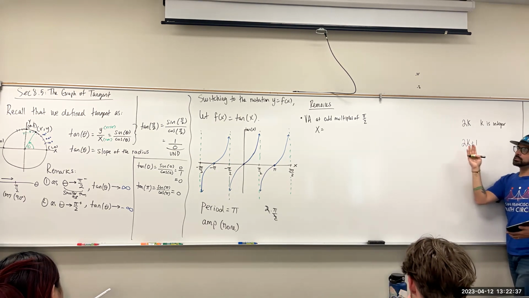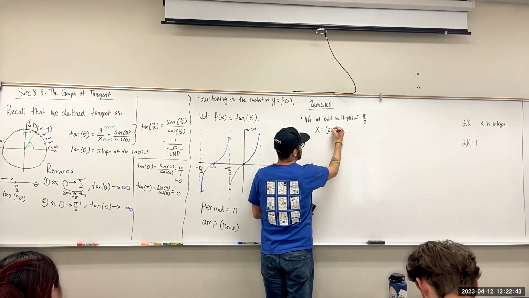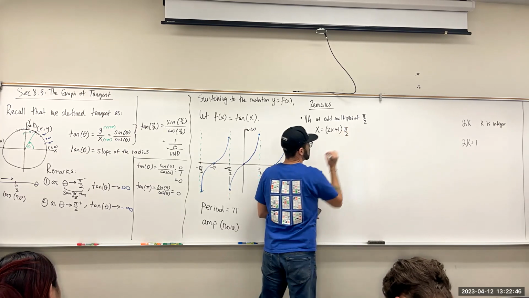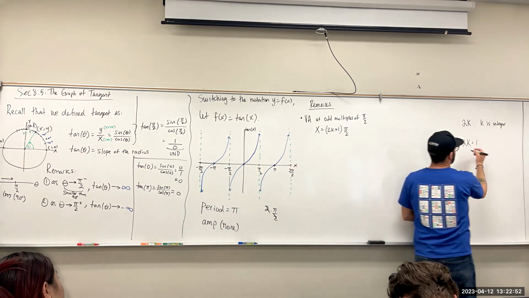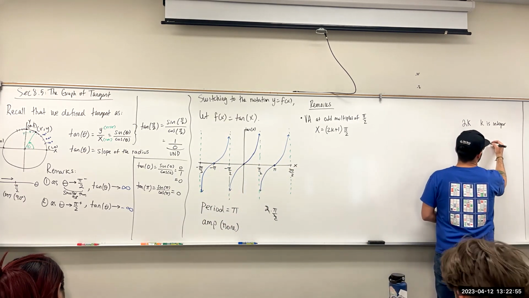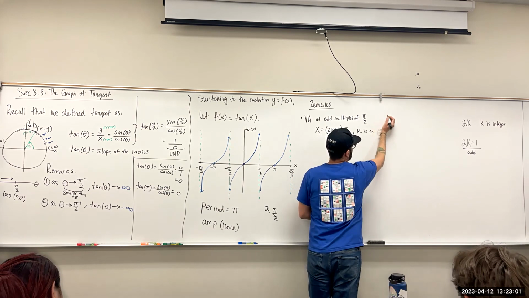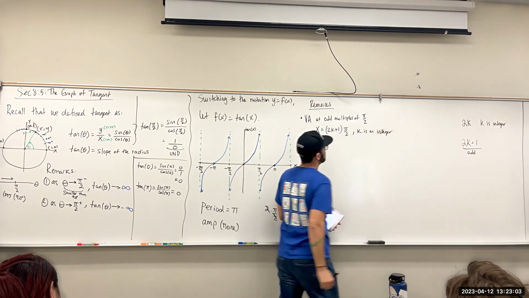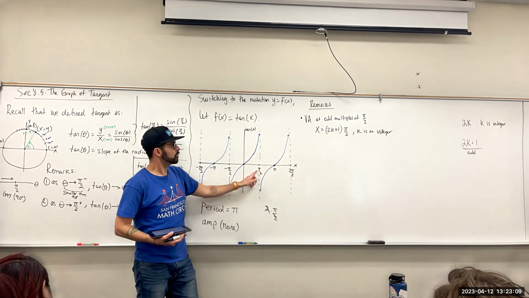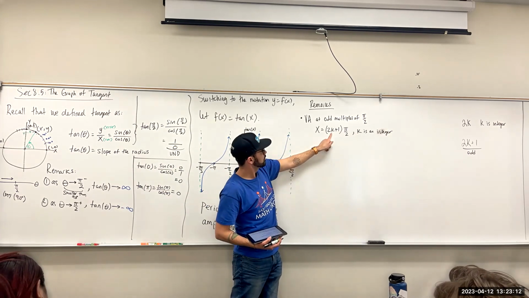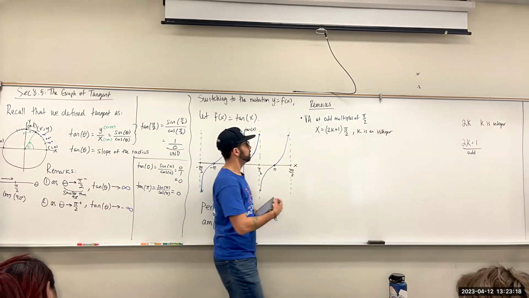So this thing that I wrote in English, the textbook is going to write like this: x equals (2k plus 1) pi over 2. And I don't want you to be like, whoa, what is that? This is how you write an odd number, where k is an integer. So if k is 0, I got 1 times pi over 2. If k is 1, 2 plus 1 is 3, that's 3 pi over 2, and so on.